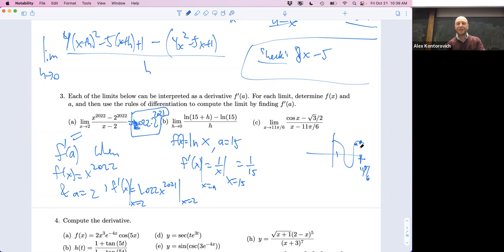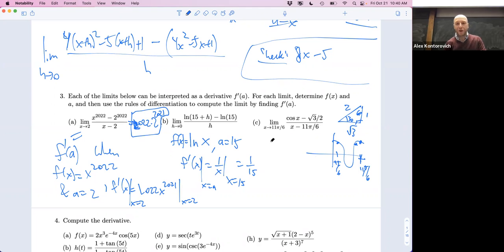Pi over 6 is 30 degrees. Cosine of 30 degrees, if I have a 30, 60, 90 triangle: the 2 is the hypotenuse, 1 is the smaller value, and across from the 60 is going to be the larger value, and the cosine is root 3 over 2. Okay, so that's why the numerator is 0, the denominator is going to 0.